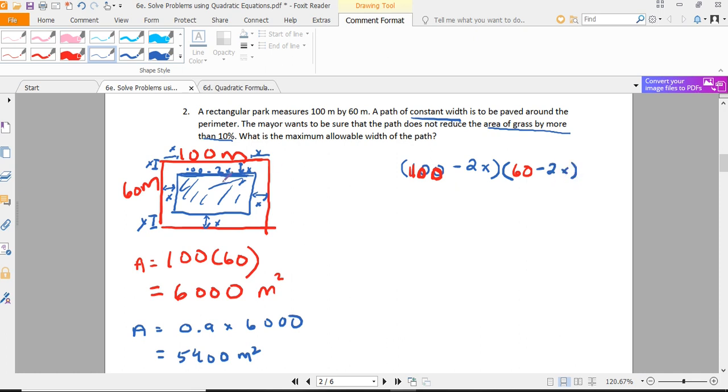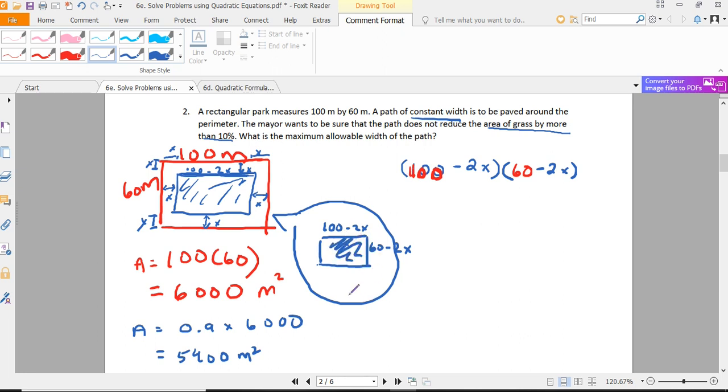Okay? So if I redrew this, so that maybe it's a little clearer, the dimensions of my new park without the paved path would be 100 minus 2x, and then 60 minus 2x. Okay? Well, what is the area of this new park? What does the area of this new park have to be?